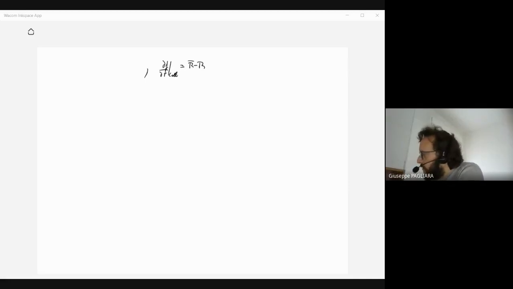Let's try to see what those two, R bar and R, are. So R bar has the following interpretation. R bar times delta t times dr times dp.